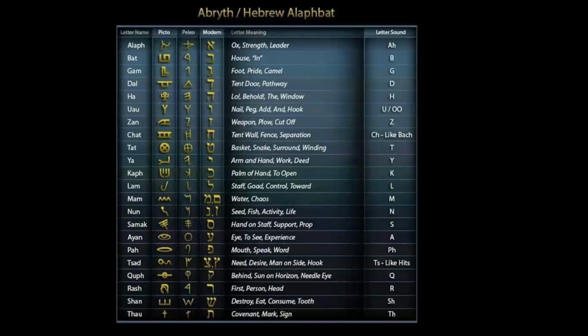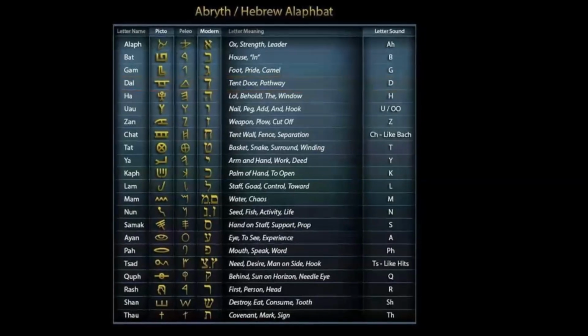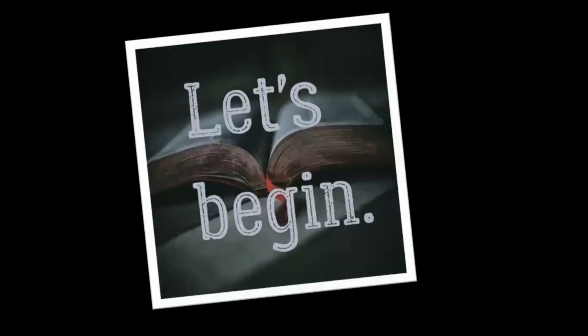In this lesson, we're focusing on the fourth letter of the AlaphBat, the Dal. Let's begin.